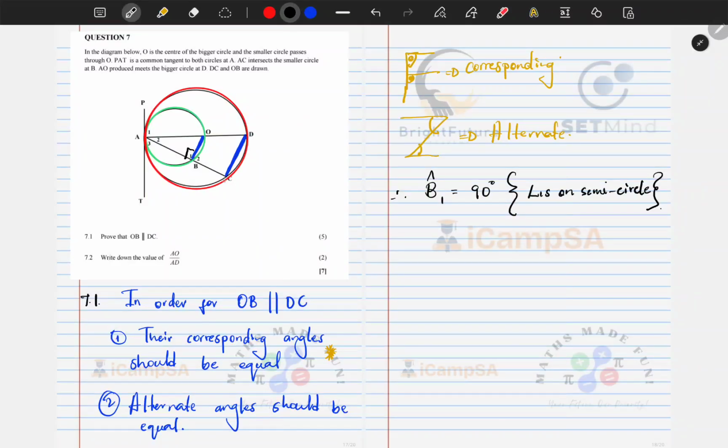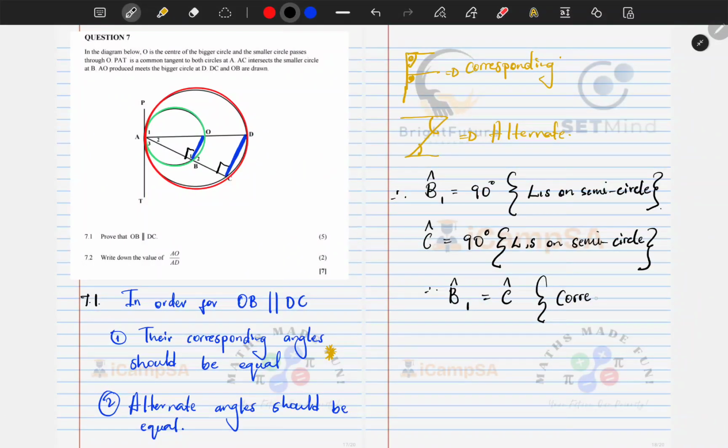So your angle C is also going to be 90 degrees, with the same reason: angles on a semicircle. Therefore, your angle B1 is equal to your angle C, which means that these are corresponding.